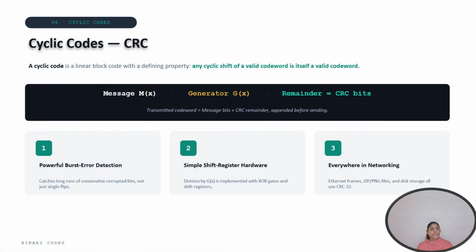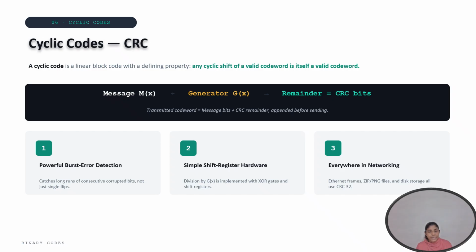So next one is the cyclic code. The cyclic code, we usually call it CRC. So what is a cyclic code? A cyclic code is a linear block code with some defining property: any cyclic shift of a valid code is itself a valid code. Here, check over, I have given you three representations.